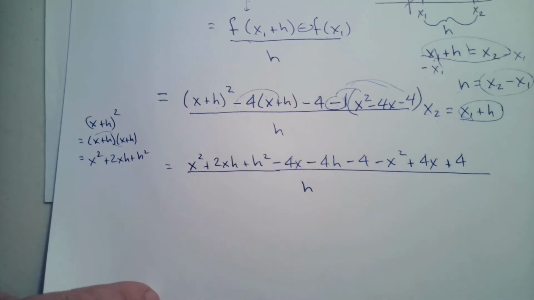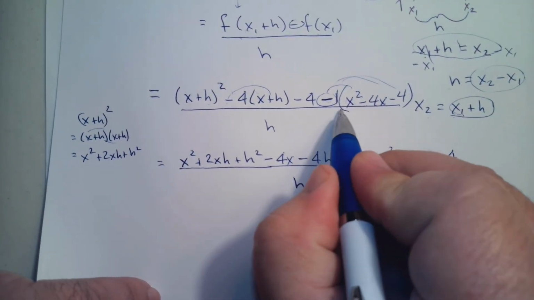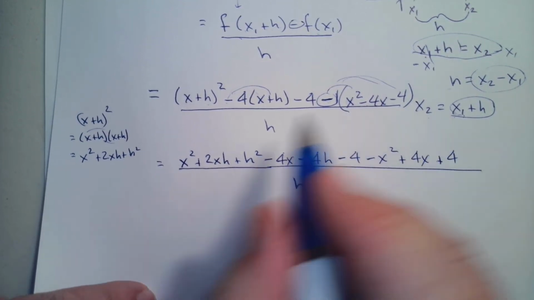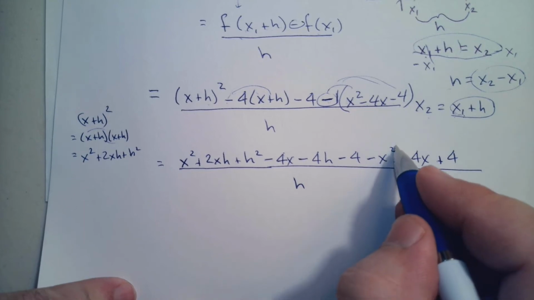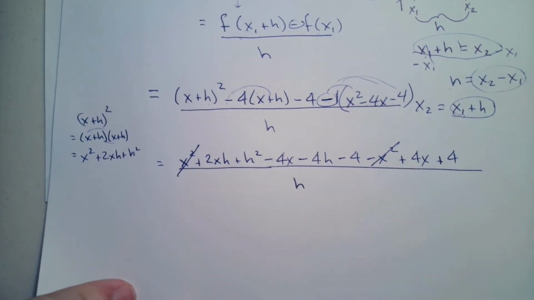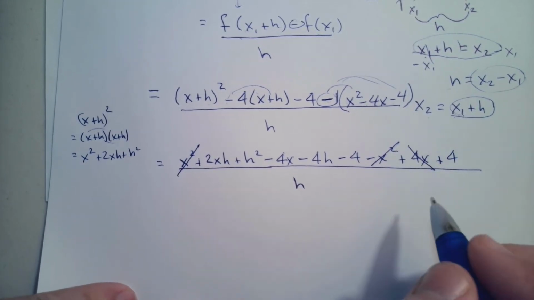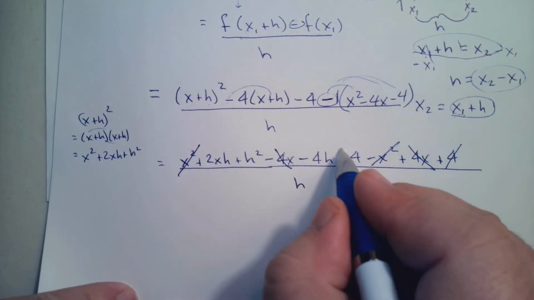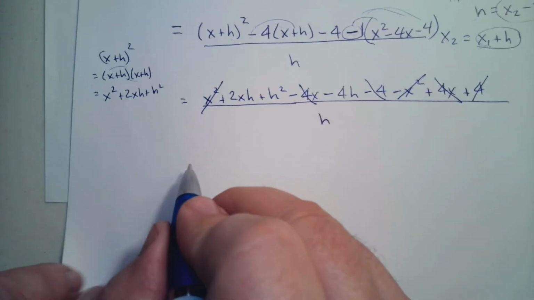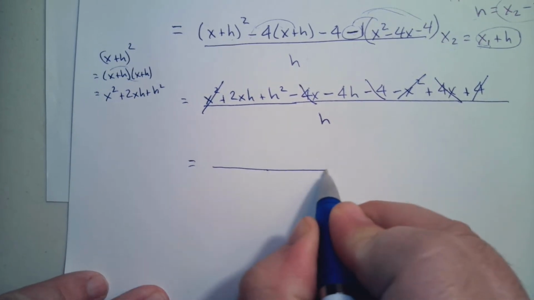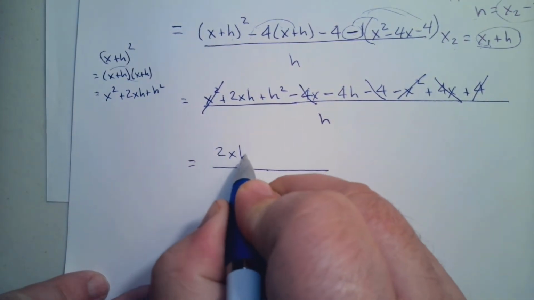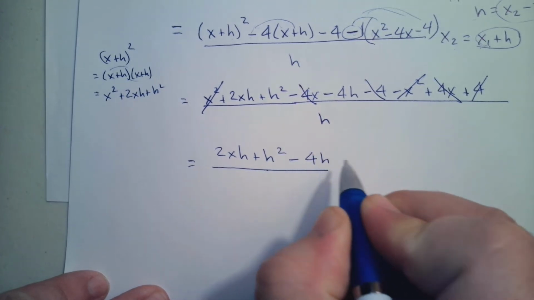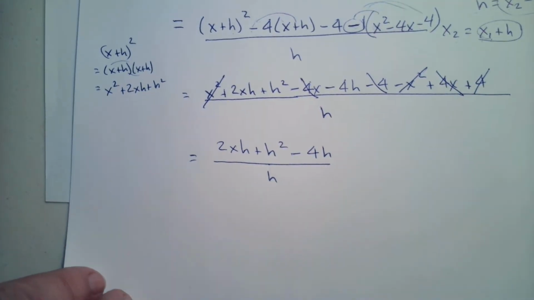Alright, here's a hint. Everything after this minus sign, all these three here, in this case, they have to cancel out. This next step. So this negative x squared cancels that positive. The positive 4x cancels the negative 4x. Positive 4 with the negative 4. So what we have left is 2xh plus h squared minus 4h over h.